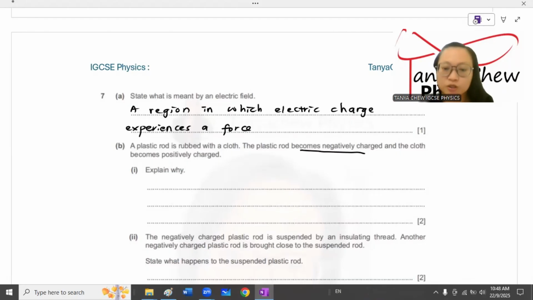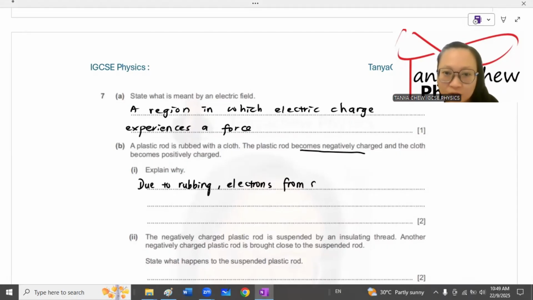I'm going to use a better term to explain it right now. Due to rubbing, rubbing causes friction between two materials. Electrons from the cloth flow or migrate to the plastic rod.